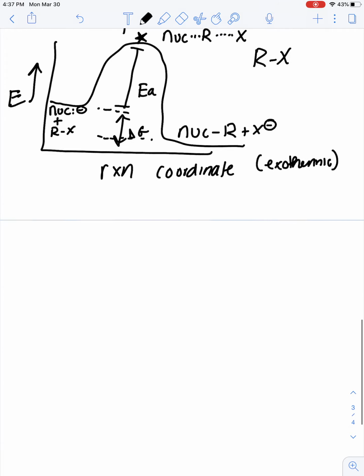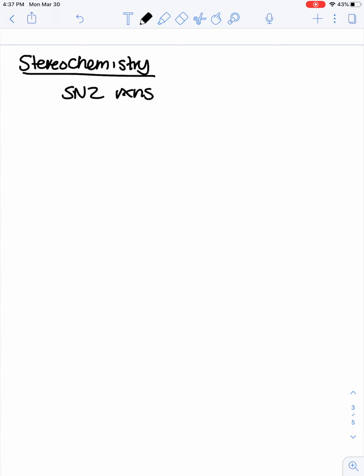So let's talk about the stereochemistry now. I'm sure everyone is very comfortable with stereochemistry, or I hope very comfortable at this point. SN2 reactions are going to proceed with inversion of the stereochemistry, as I've mentioned.